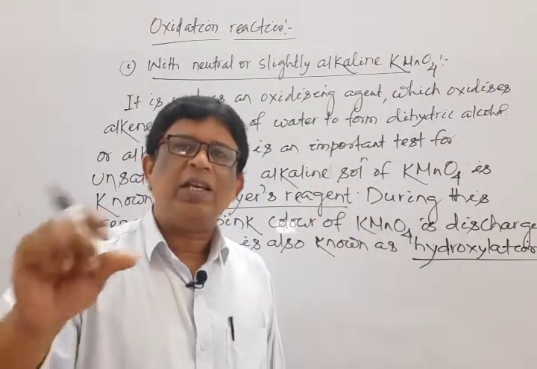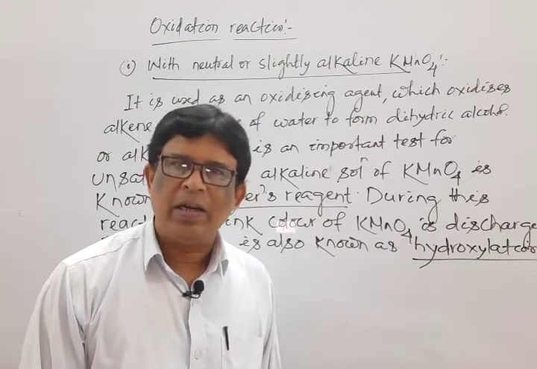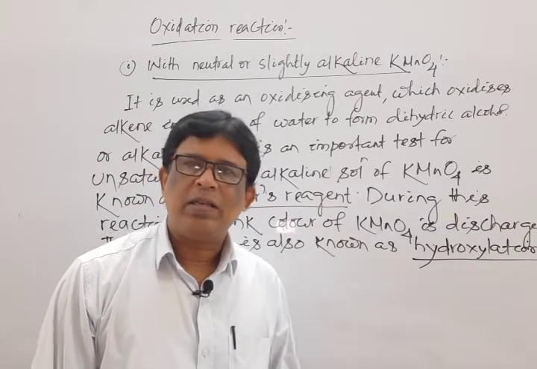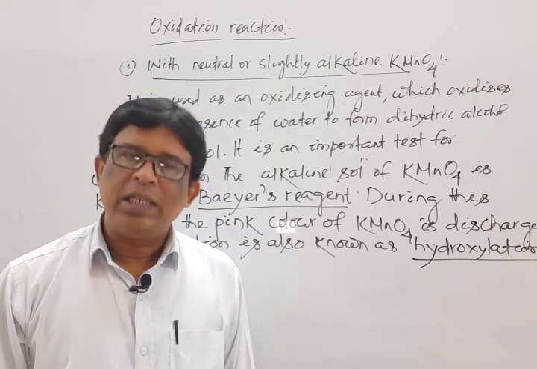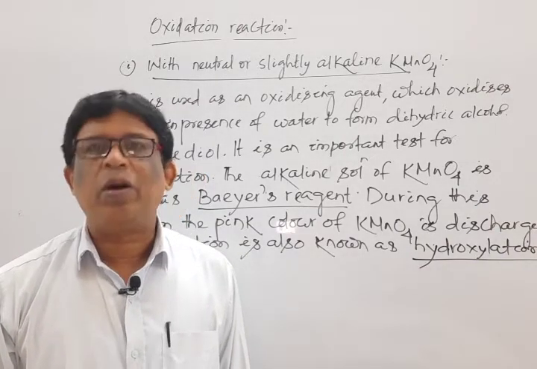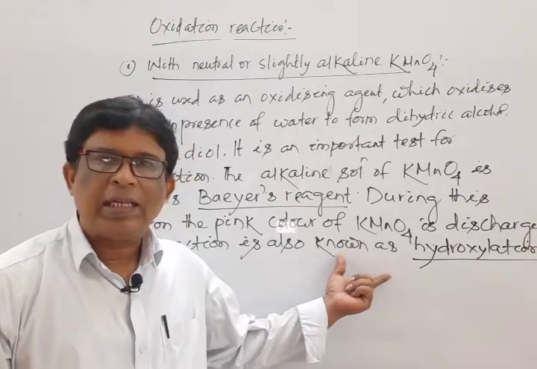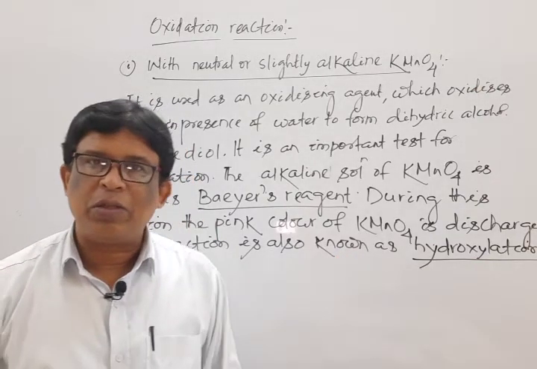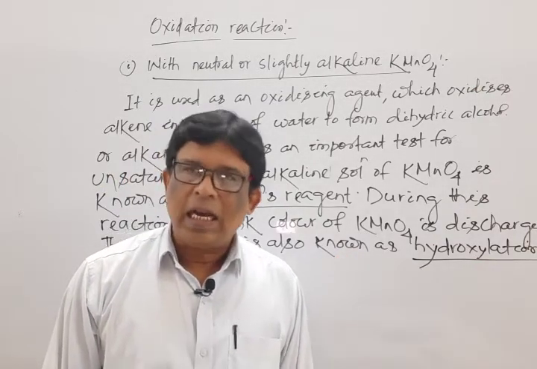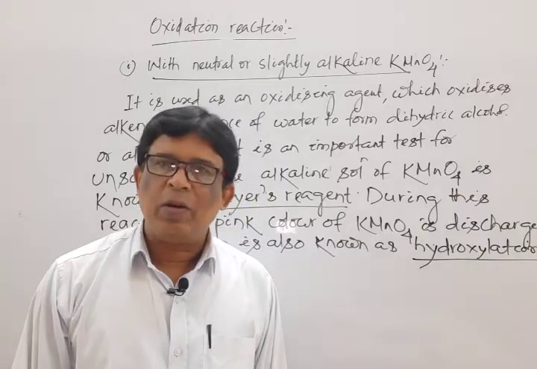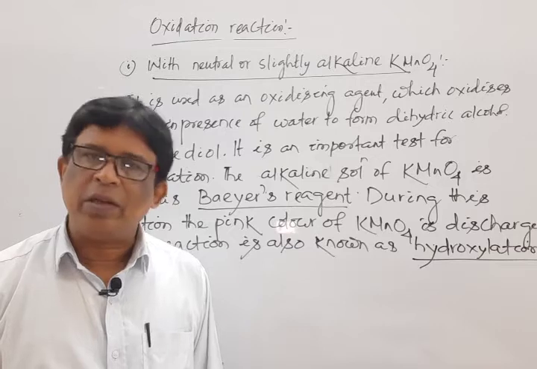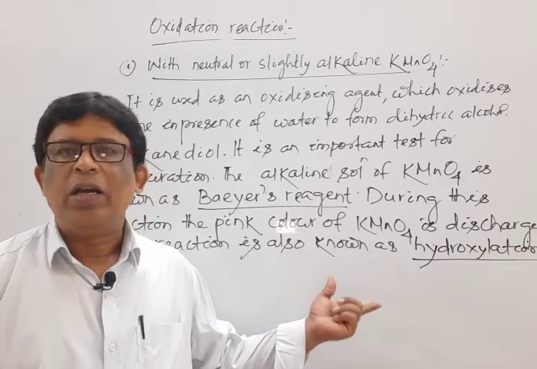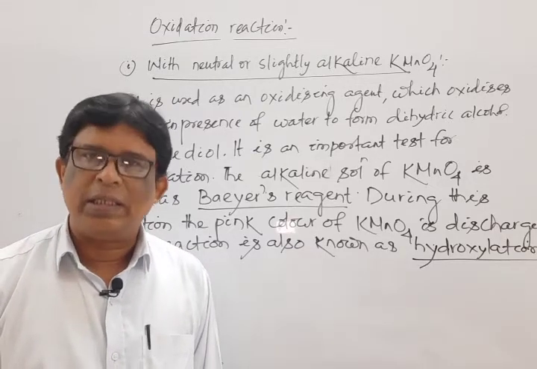Addition of oxygen, addition of water carried out simultaneously. Previous class already covered another one, that is bromine water in CCl4, is also a test for unsaturation. That is a Bayer's reagent. Very, very important 1 mark question. What is a Bayer's reagent? Alkaline potassium permanganate is known as a Bayer's reagent. It is an important test for unsaturation because in this test, the pink color of KMnO4 is discharged.